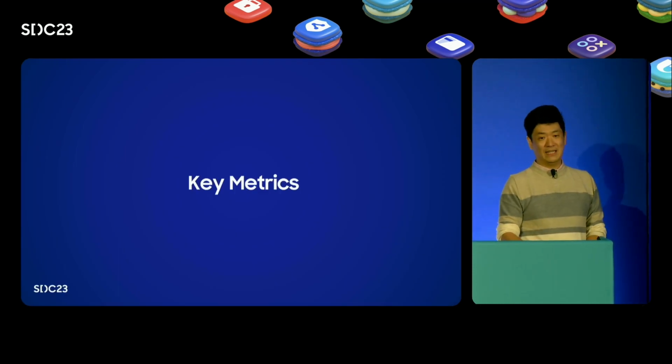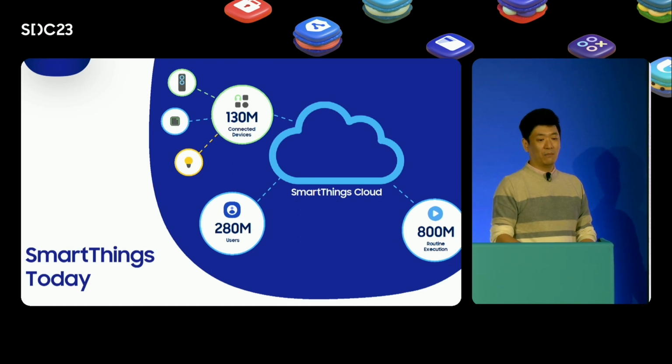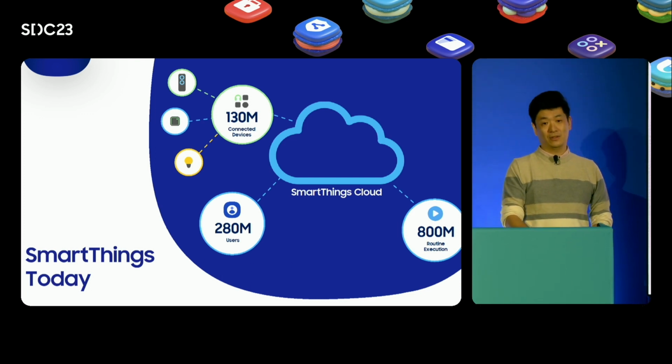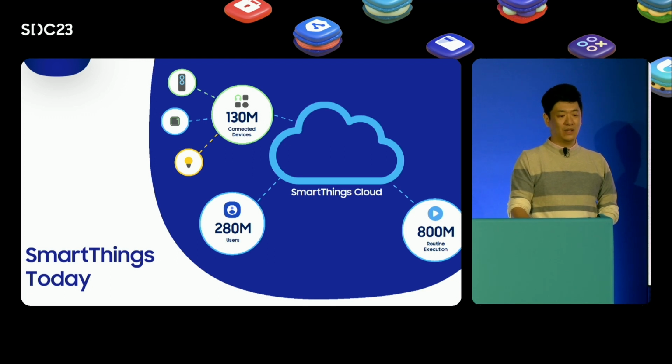Before jumping into the detail of the SmartThings Intelligence Platform, let's take a look at some key metrics. Today, more than 130 million devices and 280 million users across the globe are connected to SmartThings Cloud. As we continue to expand support for new connectivity protocols, the number of connected devices and users keeps growing.